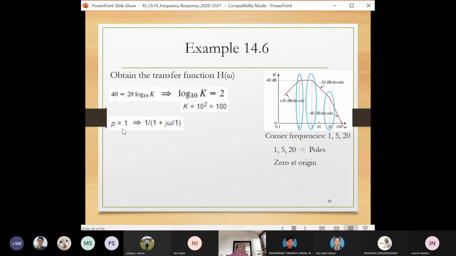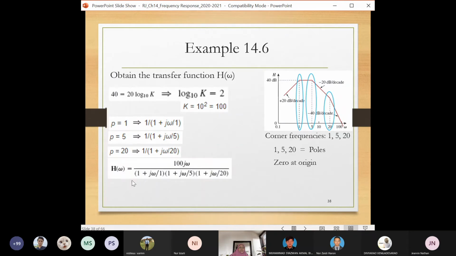Okay. So the pole at 1 will give 1 over 1 plus j omega over 1. Corner of 5, 1 over 1 plus j omega over 5. Corner of 20, 1 over 1 plus j omega over 20.